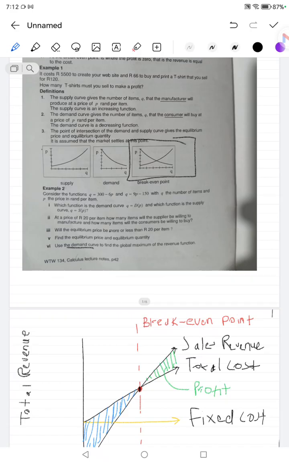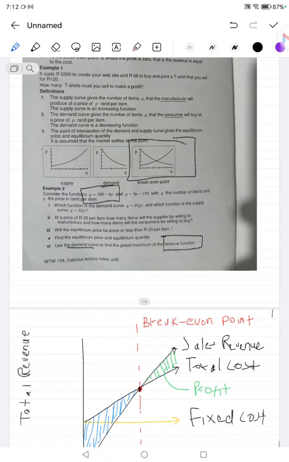So now you see that you're dealing with which theme? What was the theme? It's theme 4. So for the demand, you have to check which one is the demand. The demand is this one with a negative slope. They say use the demand curve to find the global maximum of the revenue function.